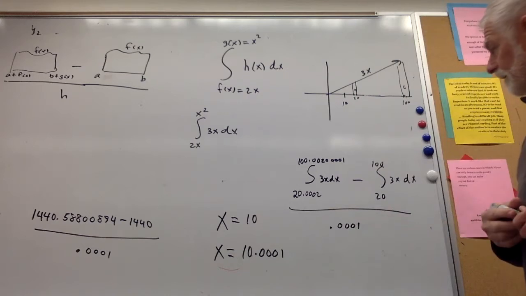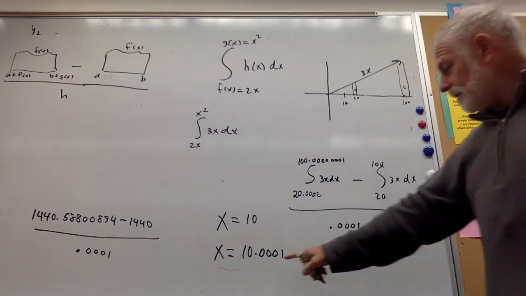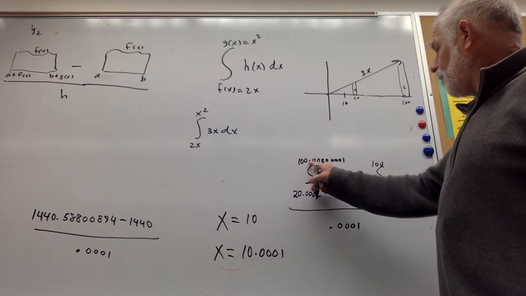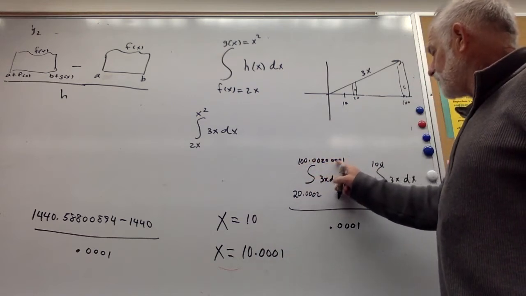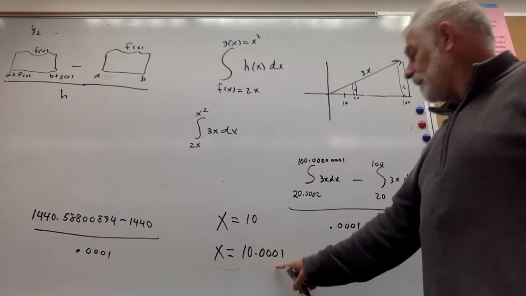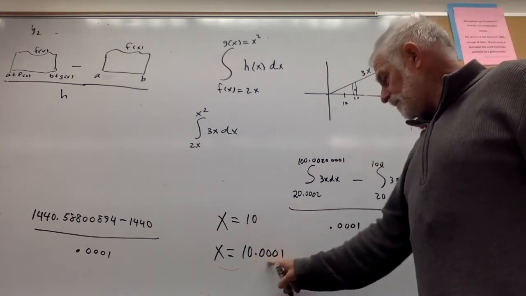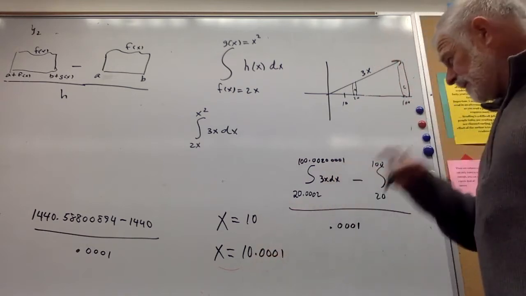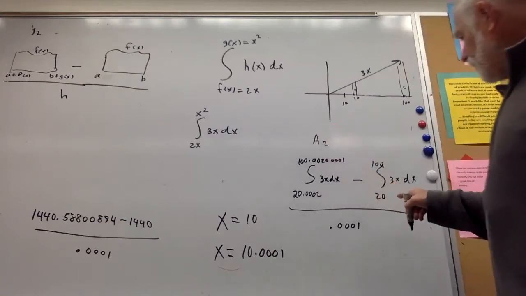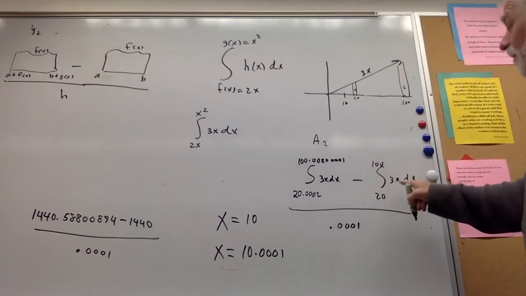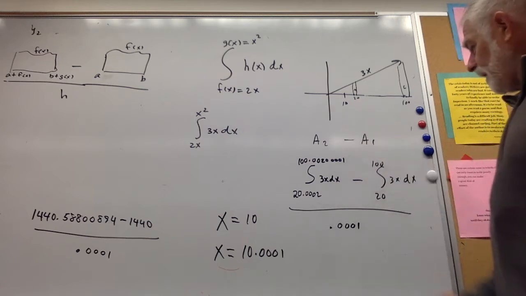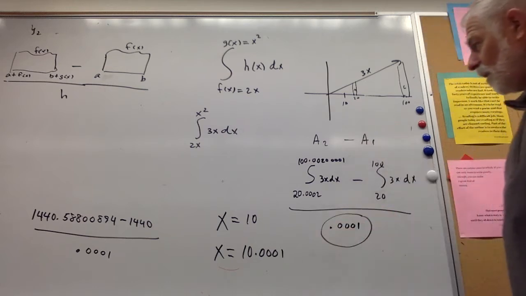So I plugged these numbers in. I squared this. Oh, there's a nice pattern to that squaring. 100.00200001, and then we doubled this number, 20.0002. That's our second rectangular area. Our first one was simply 20 to 100 under the tripling function. And this is our change in x, 0.0001.